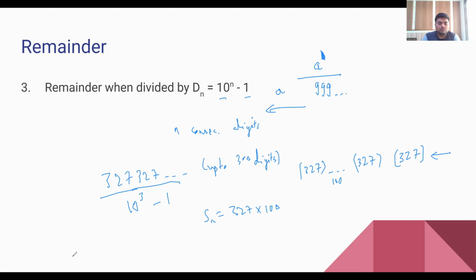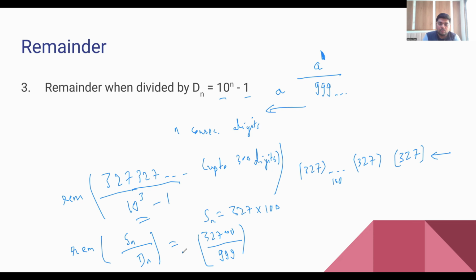And the remainder of this is equal to the remainder of Sn divided by Dn. Now Sn is equal to 32700 divided by 999. So it has reduced to a much smaller number and you can do the solution. So 999 into 32.